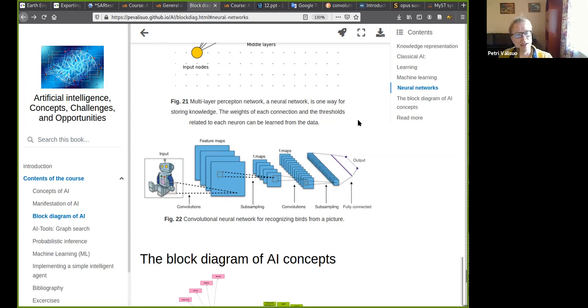And again, if you think that this can be trained for a narrow application area, that you can recognize birds from images, it's clearly a narrow AI, weak AI. If you would like to make this general AI, it's hard to imagine how that could be done. So the danger that we would accidentally create an AI that is more clever or more intelligent than a human being, I don't think these methods are yet making it.